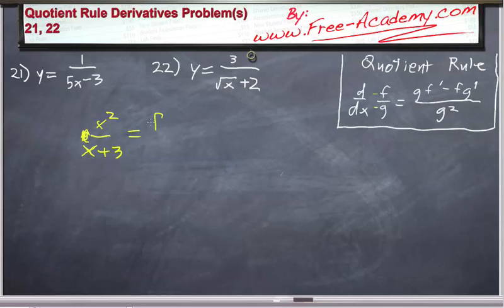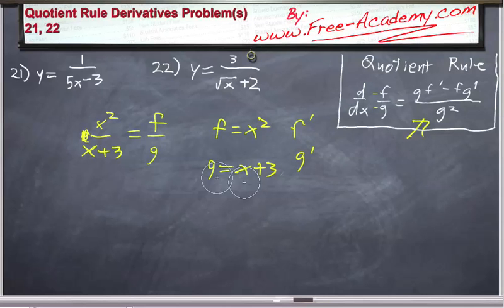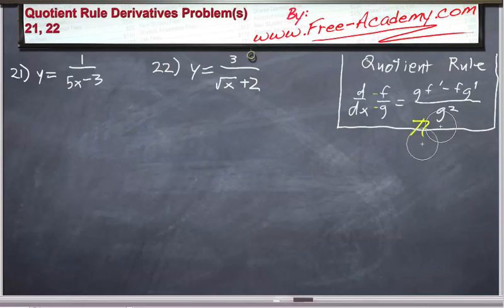So you'll call one f and one g. F will be equal to, in this example, x squared, and g will be equal to x plus 3. And then once you find f prime and g prime, you just simply plug everything into the quotient rule formula and you get the solution. This is going to be the exact procedure we're going to use for all of these practice problems here.